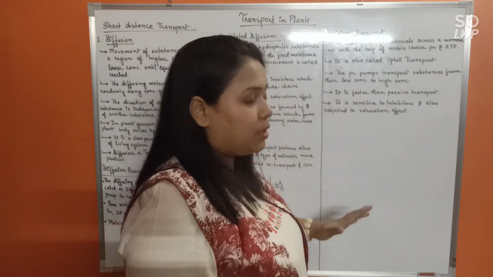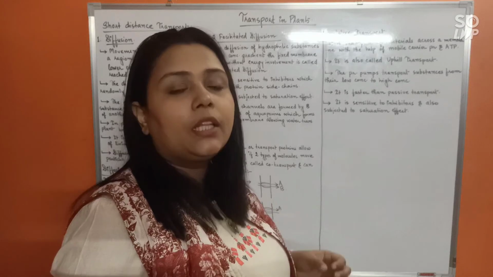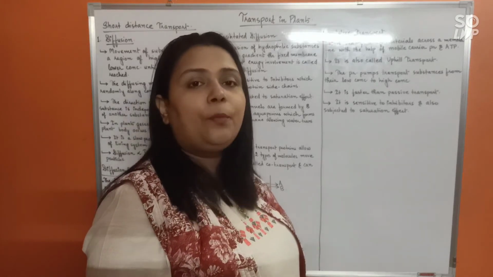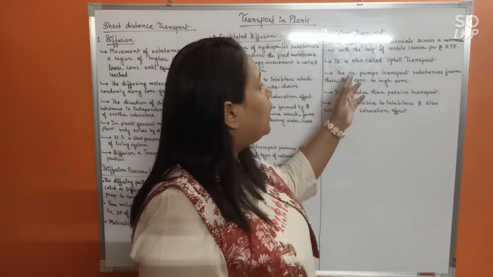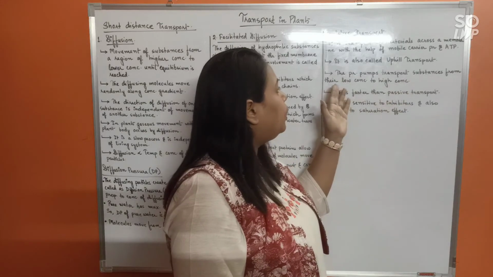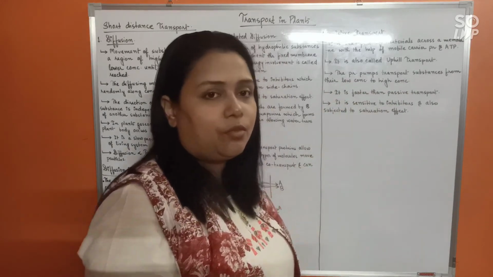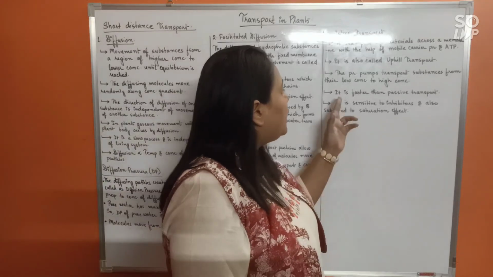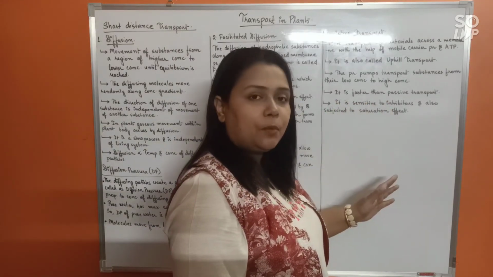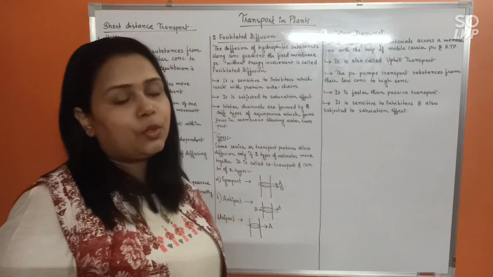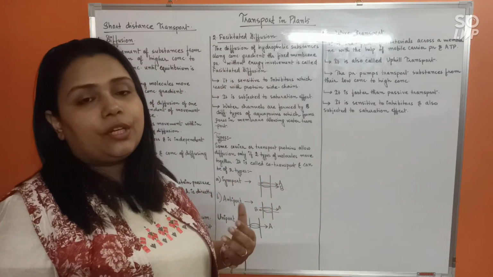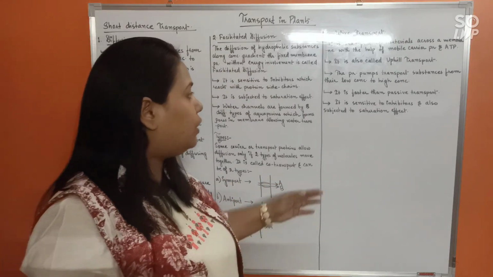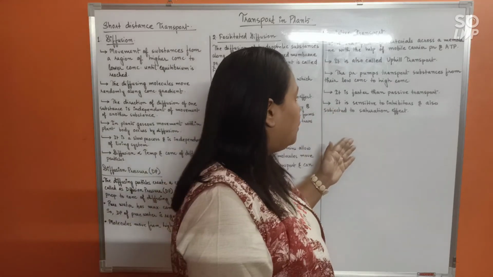The proteins involved in active transport are called protein pumps. They transport substances from lower concentration to higher concentration, and that's why ATP is required. Now, it is much faster than passive transport. Of course, energy is being involved, so the rate at which active transport occurs would be much faster than passive transport.